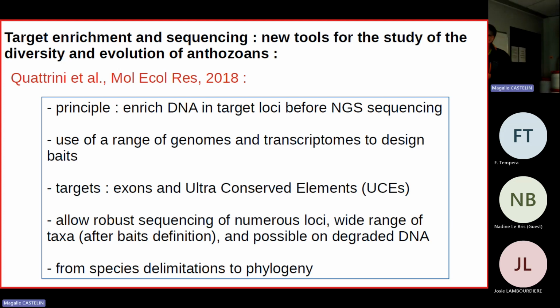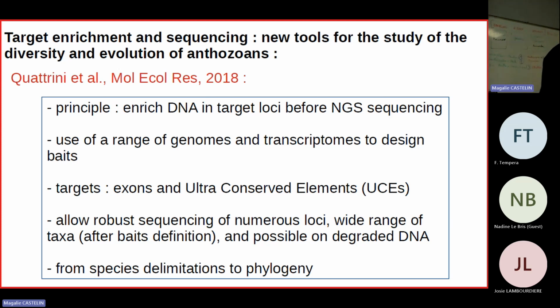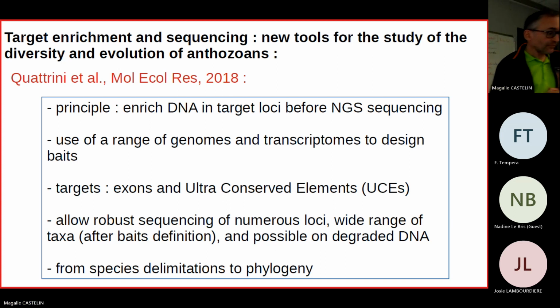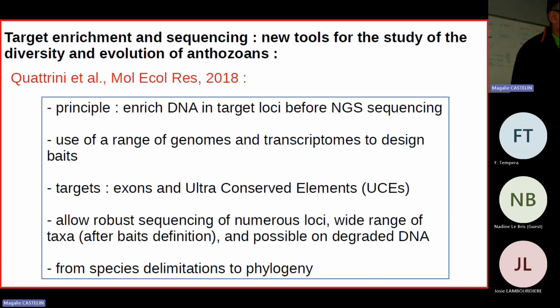There's various interest in this. First, it's very robust, more robust than RAD sequencing, and you can work, for example, with a wide range of species or taxa, if you can define this, and you can also work on degraded DNA. So this is interesting, for example, for some old samples in collections and so on. And this can be used from species delimitation to phylogeny.